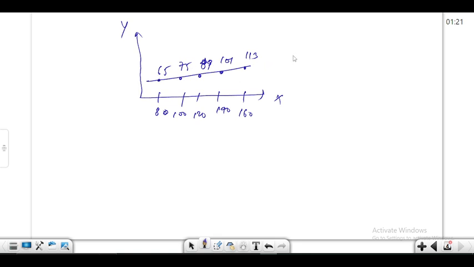So this is your population regression curve here.